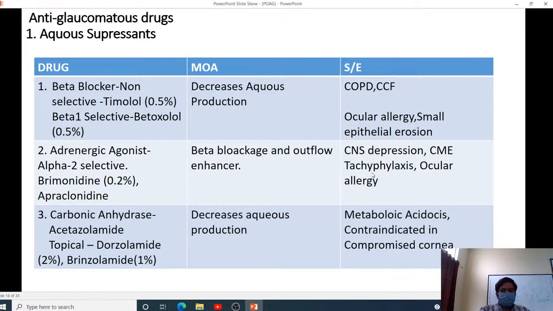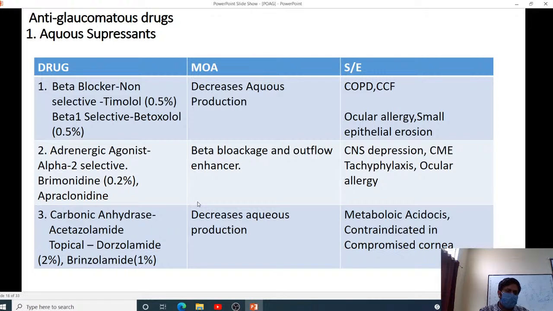These drugs cause CNS depression, cystoid macular edema, and tachyphylaxis. Brimonidine is contraindicated in children. So if a child comes with glaucoma in childhood, previously I told you in developmental glaucoma or infantile glaucoma, you don't prescribe brimonidine. Okay.